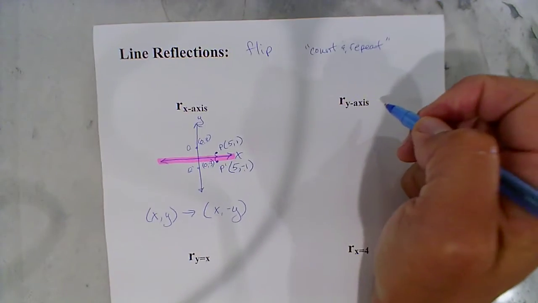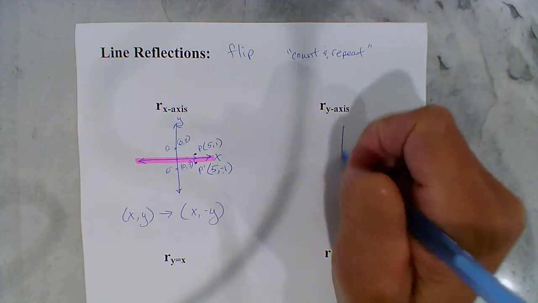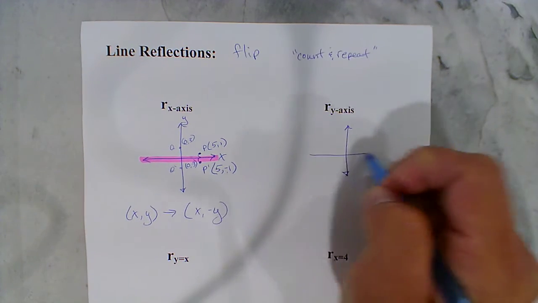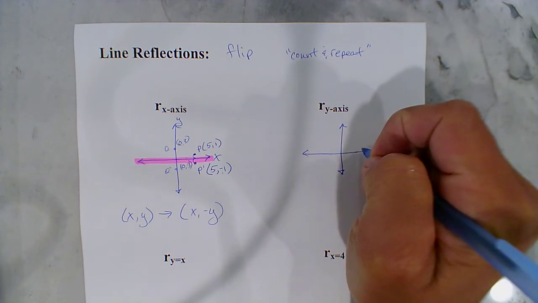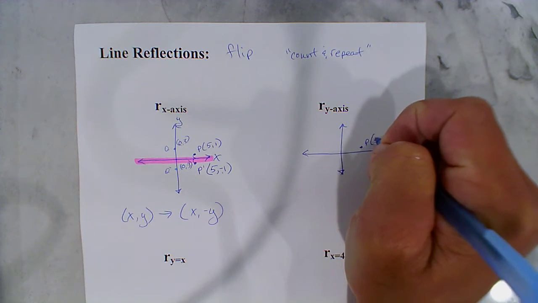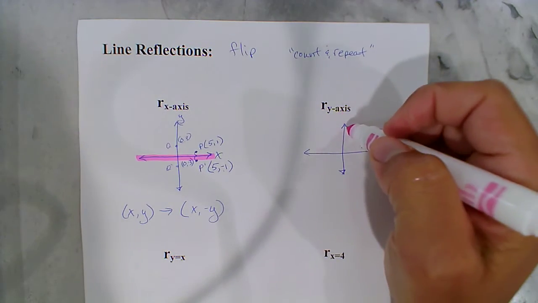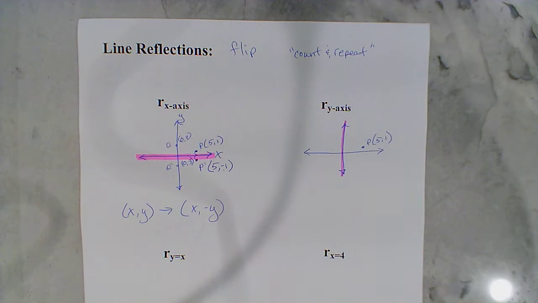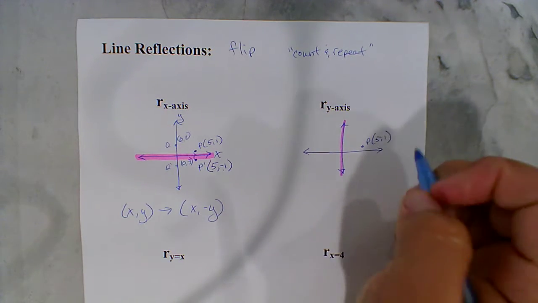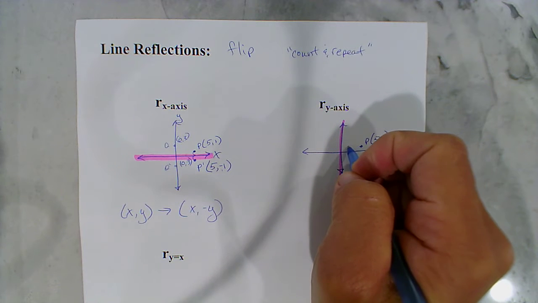Same exact concept, but reversed with your flip over the y-axis. I'm going to stick with my point here, (5, 1). If I was reflecting over the line which is the y-axis, you would count to that axis: 1, 2, 3, 4, 5.